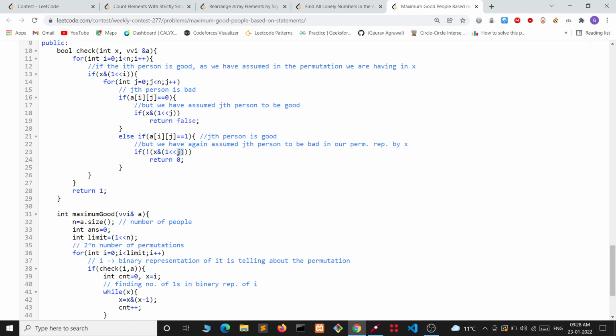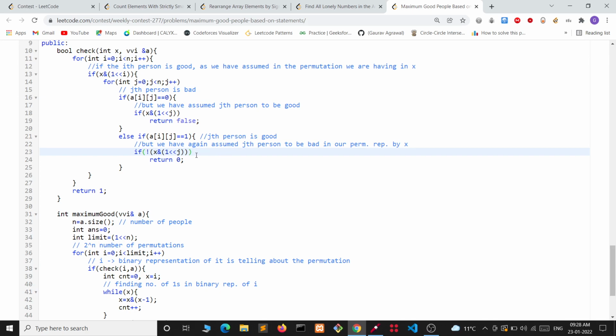If it equals 0, meaning we are not having a matching bit at the jth position, then we return 0, because we have assumed the ith person to be good, so he always tells the truth and he is saying that the jth person is good.